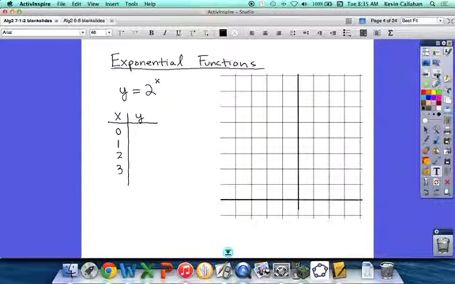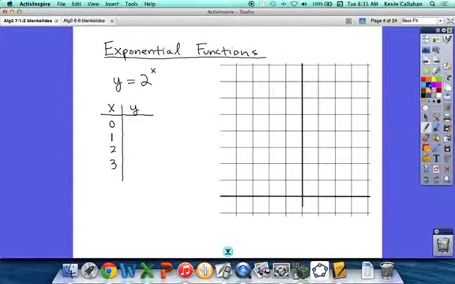Now, what makes that an exponential function? Where do you see the variable? In the exponent. That's why it's exponential, right? When a function has the variable in the exponent, that's an exponential function. So that's the first thing to understand: variable in exponent.